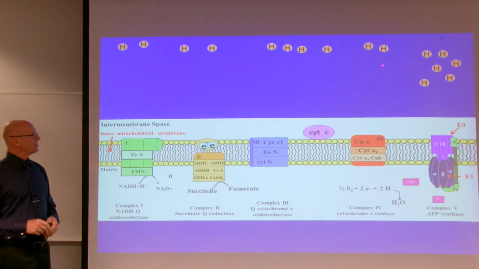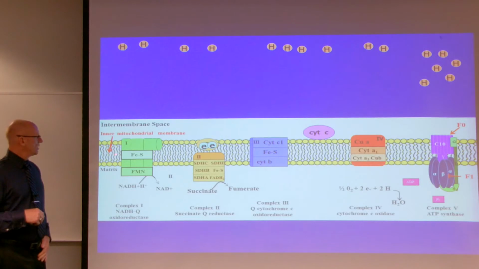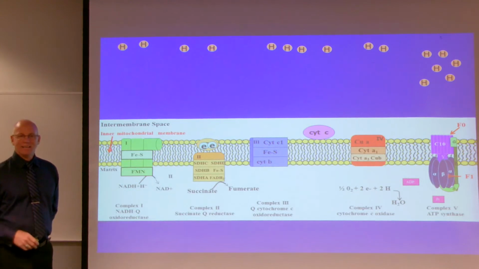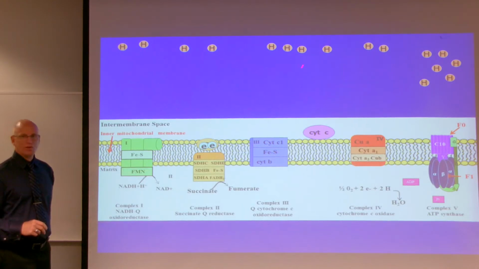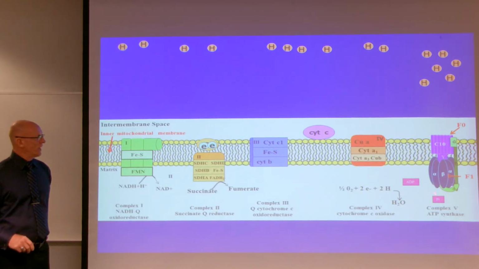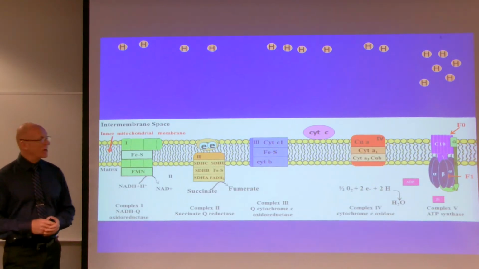As we transfer these electrons through and pump these hydrogen ions across, that is the chemiosmotic theory. Now we have an energy potential up here where we can transfer these electrons through the ATP synthase to promote an adenosine triphosphate.